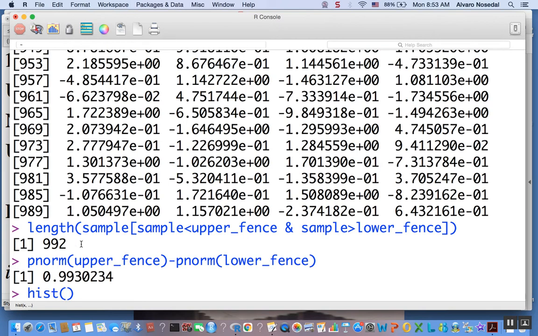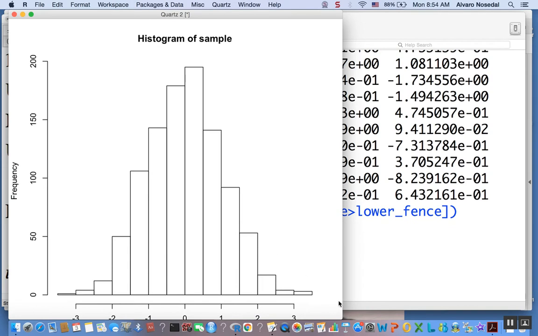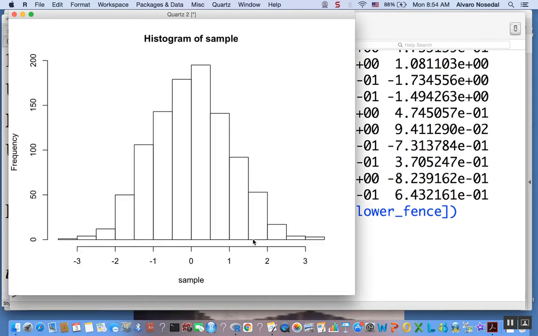Using the same sample that we just generated to test drive the 1.5 IQR rule, I'm going to make a histogram of that sample. No surprises here. We know what the PDF of a normal distribution looks like, and this histogram is an approximation of such a PDF.